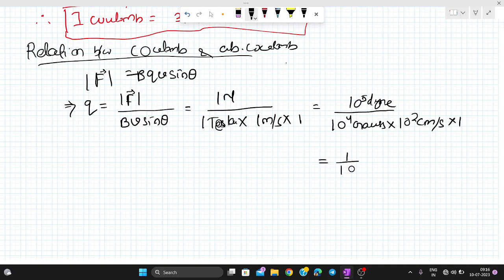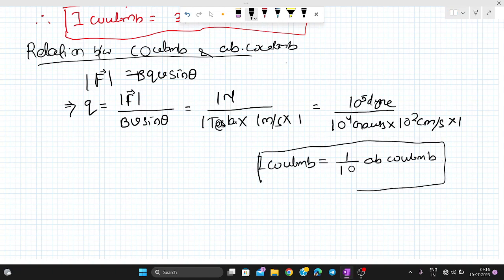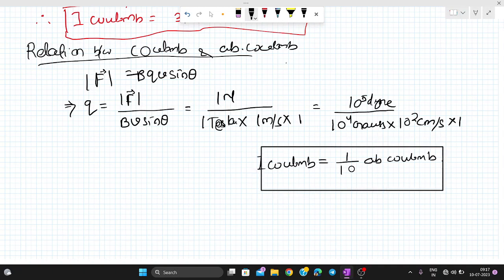If you do the calculations, you will get 1 by 10 half coulomb. So 1 coulomb is 1 by 10 half coulomb. Okay. So this is your relation between coulomb and half coulomb.